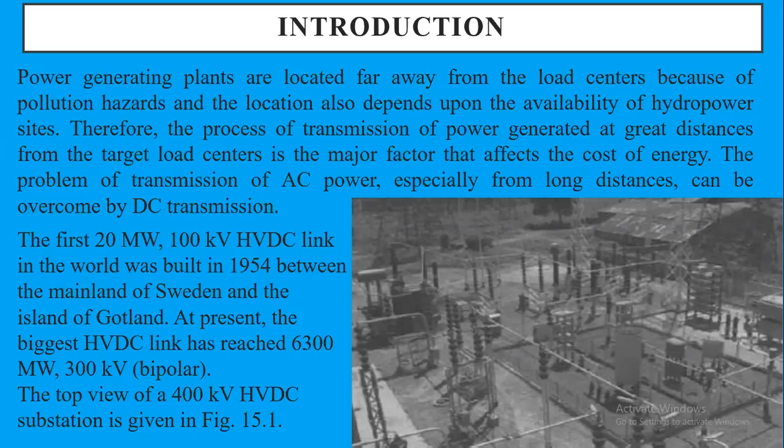For the sake of simplicity, we transport electricity through transmission lines of wires, cables or conductors to the target load centers, which is a major factor that affects the cost of energy. Because of these transportation losses, conventionally there are also electricity transportation and availability charges.